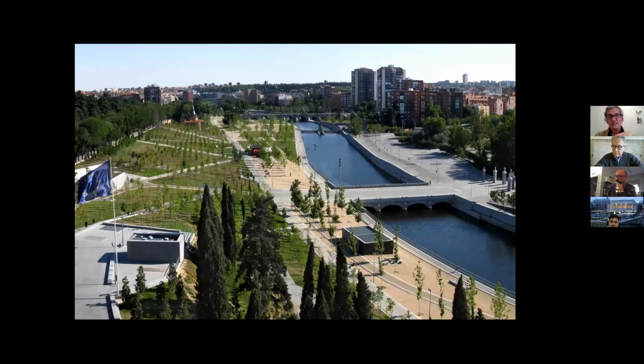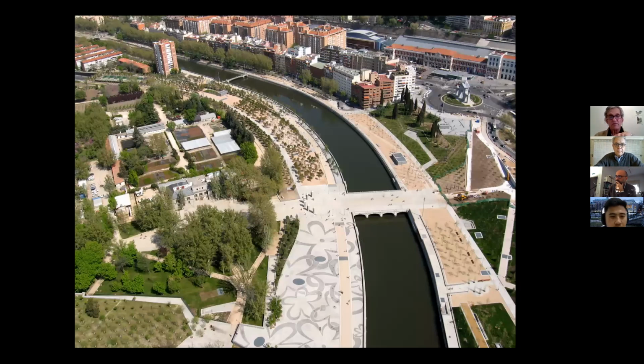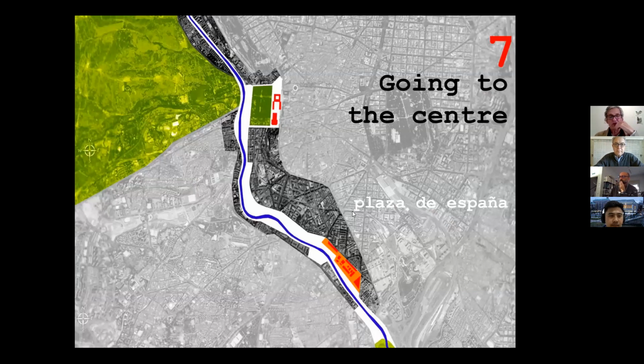This is the river, the new project we made 10 years ago. We are very close to Plaza de España in this spot, and we recovered the top of the tunnels because we built a new green corridor, a new green structure with this kind of quality.